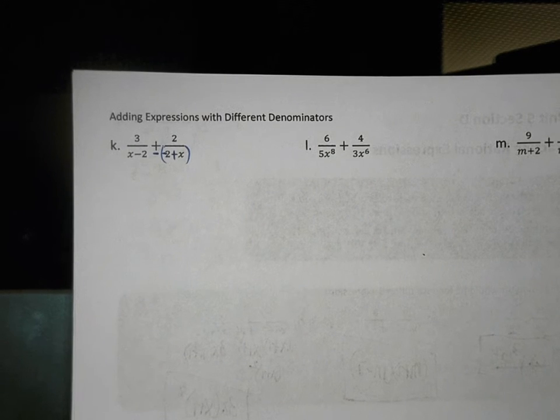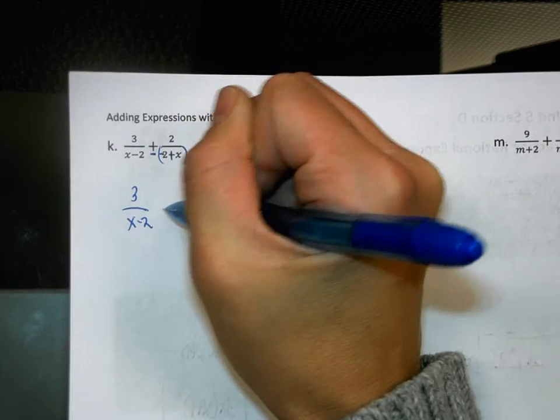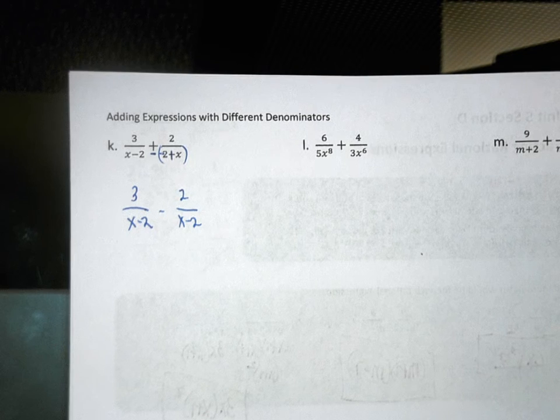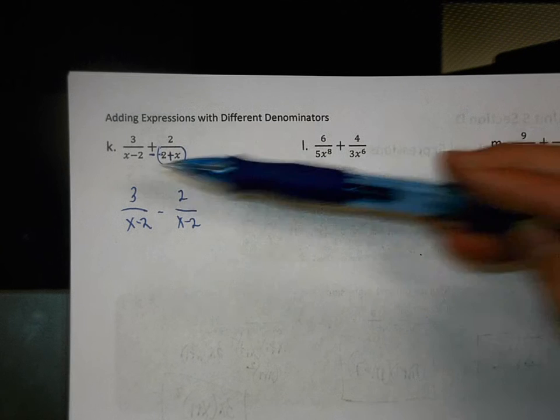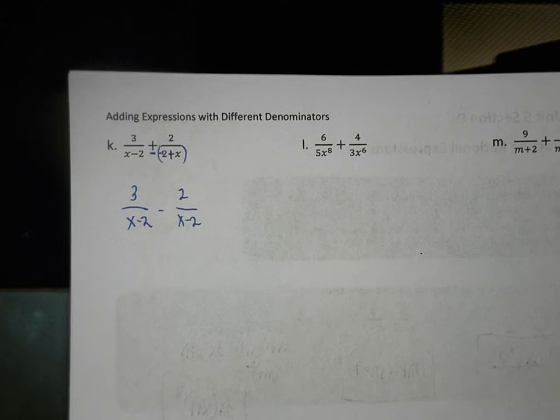So if I rewrite this, I still have 3 over x minus 2, and then I have minus 2 over x minus 2. So when you take out the negative, it just kind of goes in front of that fraction. Okay? So what do I want to end up doing with that minus sign there?